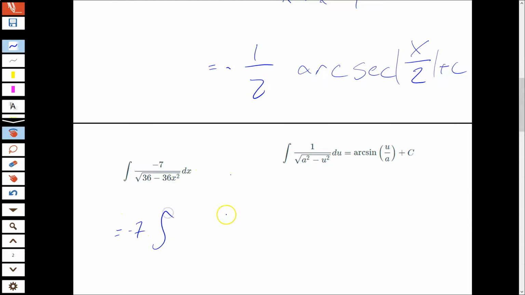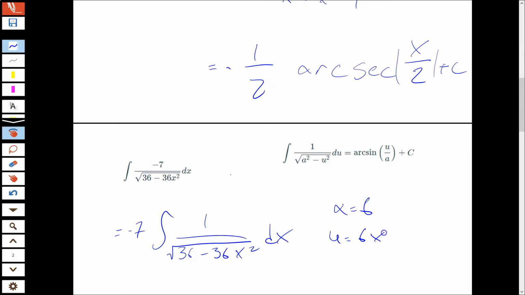So we'll get 1 over all this still. Now, we have a squared, so I'm going to let a equal 6, because 6 squared is 36. U squared is 36x squared, so u has to be 6x.